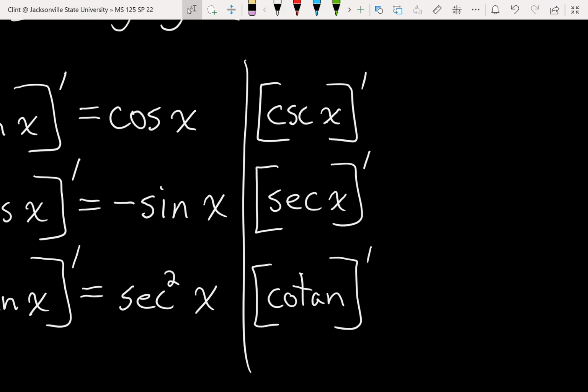I don't remember these three as well. It is going to be minus, yeah. These are minus, and then cotangent, I believe, is minus cosecant squared. It's the co-version of the tangent one.